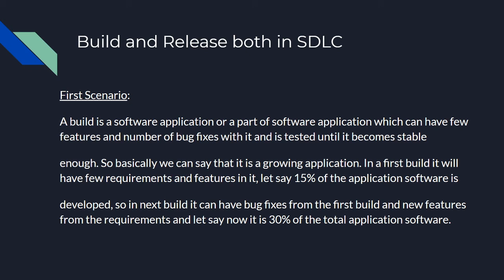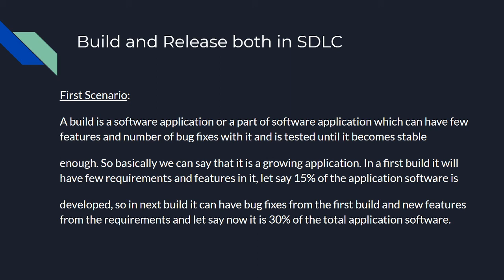The first scenario is where a build is a software application or a part of a software application which can have a few features and a number of bug fixes with it and is tested until it becomes stable. Basically, we can say that it is a growing application.